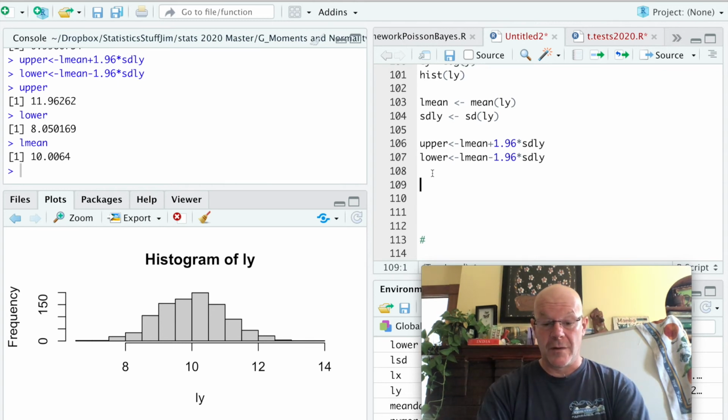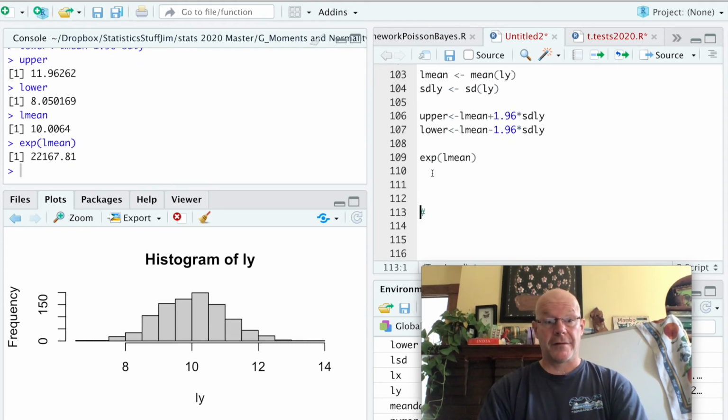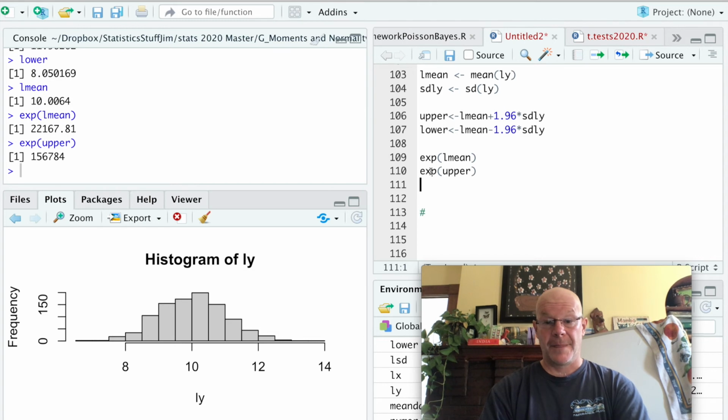And so to do that, we could take the mean and exponentiate it. And so now it's going to be back on the raw units. And so our mean is now 22,167. And let's go ahead and exponentiate the upper limits. And let's exponentiate the lower.